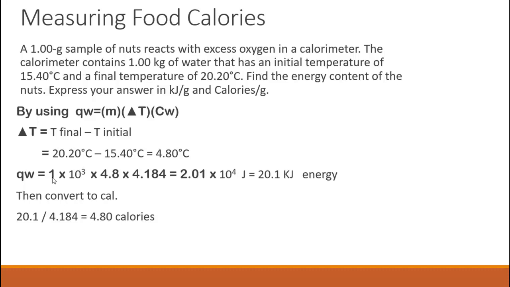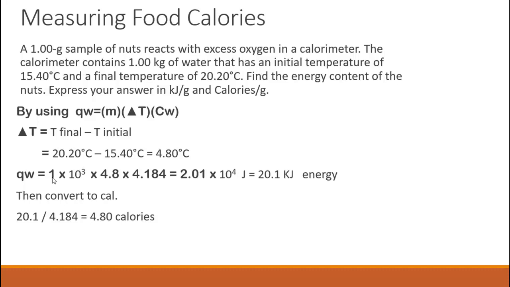This is the amount of heat expressed in joules. So we'll divide by 1000. It will equal 20.1 kilojoules. This is the energy expressed in kilojoules. So we must now convert it from kilojoules per gram to calories.